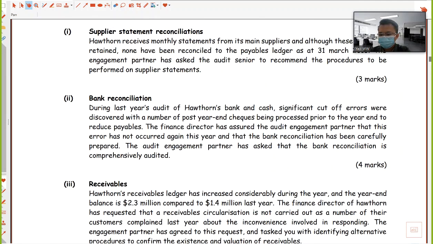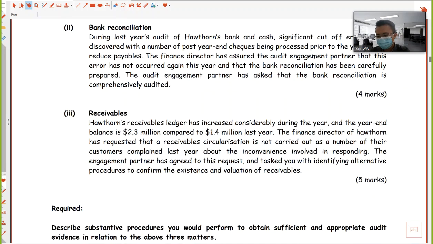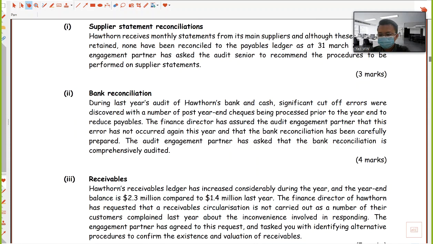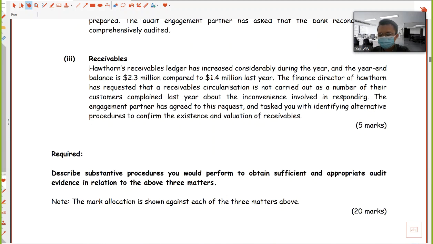You see 3 marks, 4 marks, and 5 marks, total 12 marks requirement, but I put here 20 marks because there are other requirements that we don't do over here.